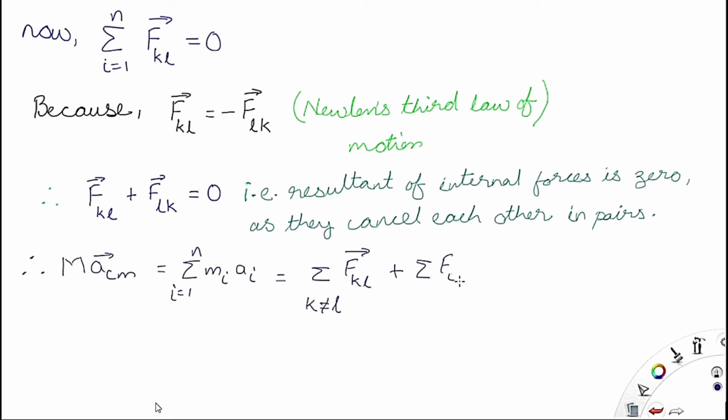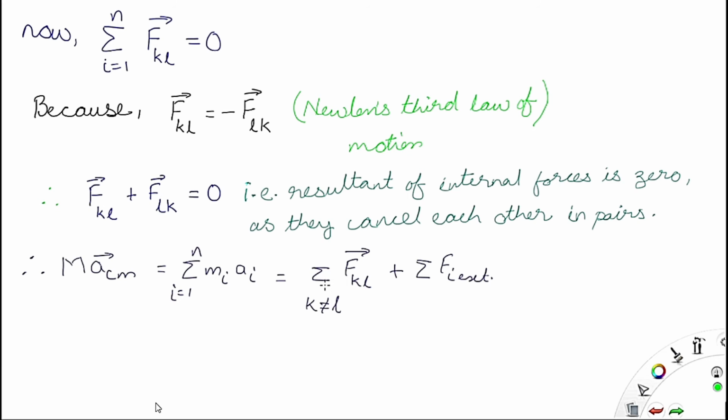The force with which K is attracting L is opposite to the force with which L is attracting K. This is Newton's third law: every action has a reaction whose magnitude is equal to that of the action, but direction is opposite. So FKL plus FLK is equal to 0, and the resultant of internal forces is equal to 0 because they cancel each other in pairs.